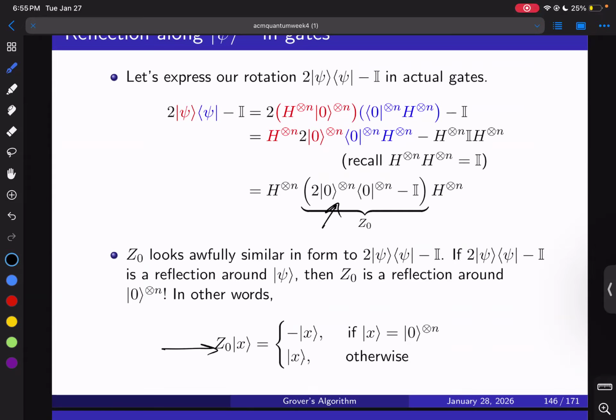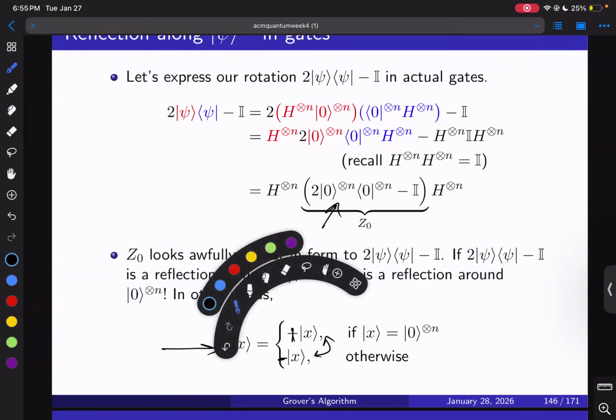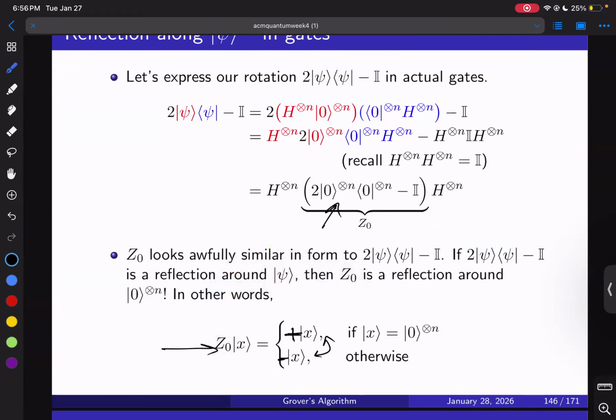Okay, yeah, these cases might actually be flipped. Just multiply the top expression by all zero states, still all zero. But anyways, when you reflect around an axis, you flip all the other terms, you don't flip that. Sorry, this should be positive, this should be negative.